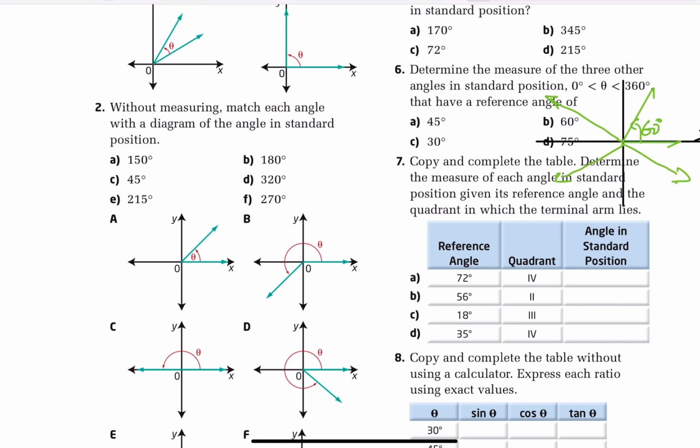So the first one, my first original angle, theta is the same as theta r. The second one, which will be this one, my angle will be starting from the x-axis and going up to touch my terminal arm. So this is a 60, that means this is a 30.